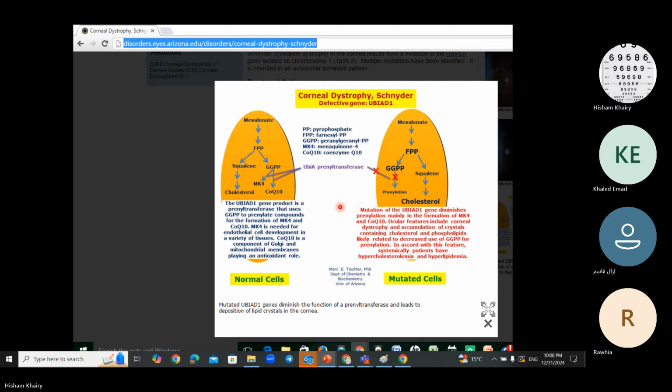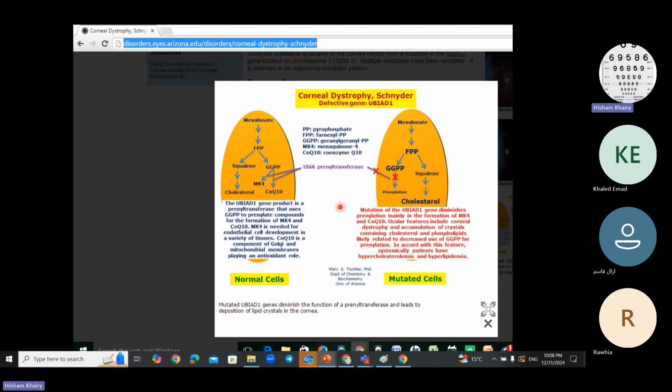So the UBIAD1 gene product is a prenyltransferase that uses GGPP to prenylate compounds for formation of MK4 and CoQ10.